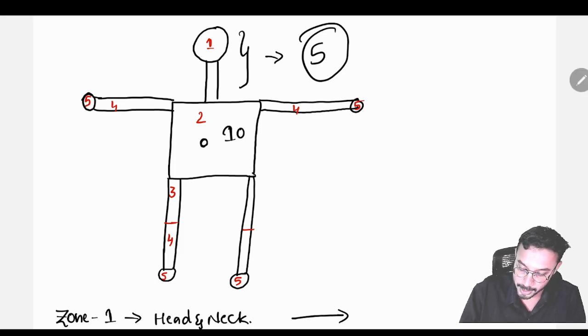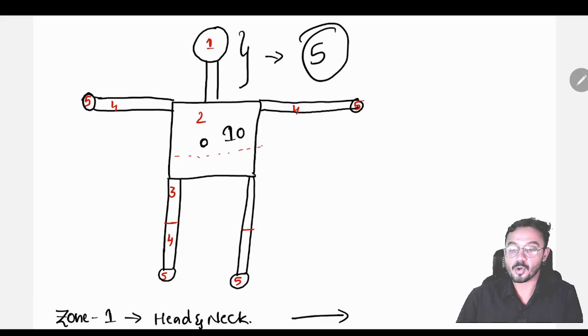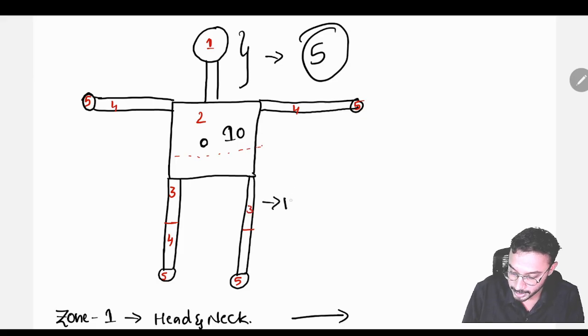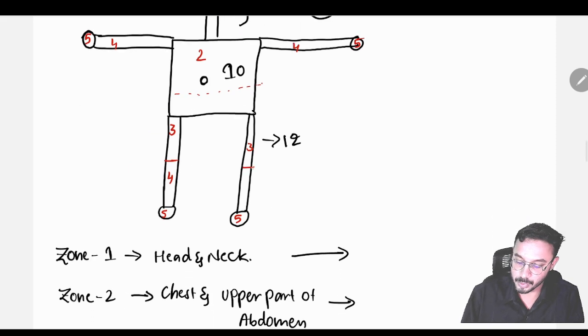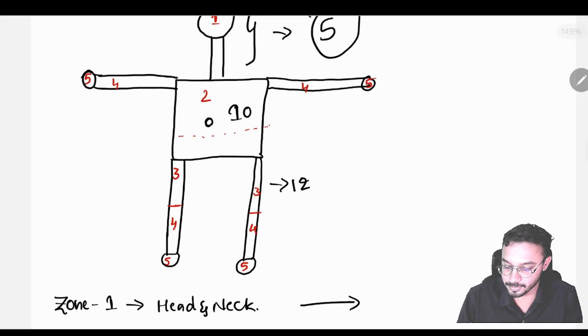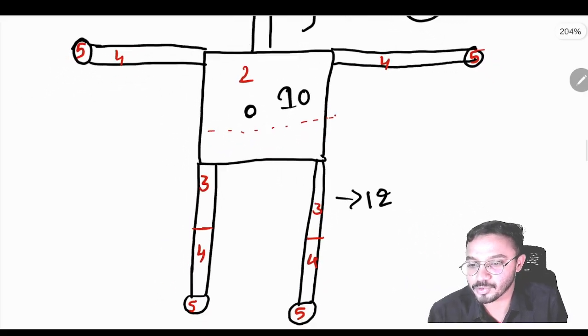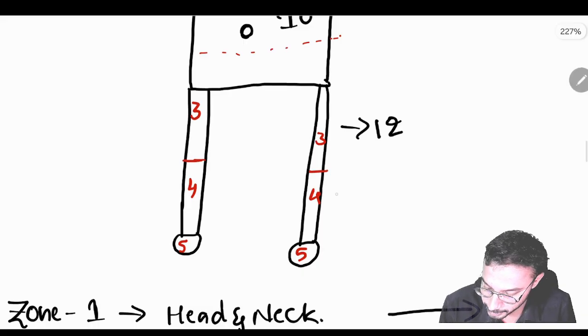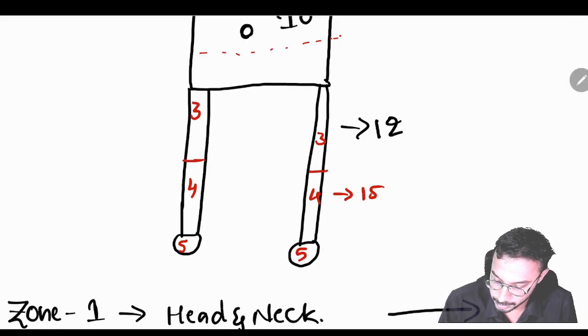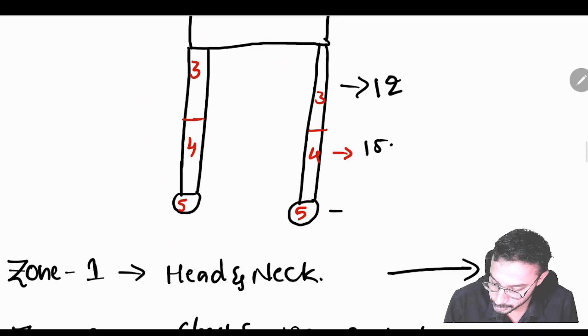Zone 3 is from the lower part of the abdomen to the thigh, and if your value falls under 12, it is zone 3. Zone 4 is your lower limb plus upper limb. Look at this very carefully. If the value is 15, the baby is having jaundice, and in palms and soles, the value is 20.